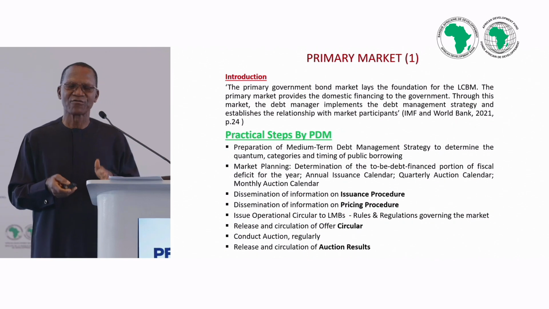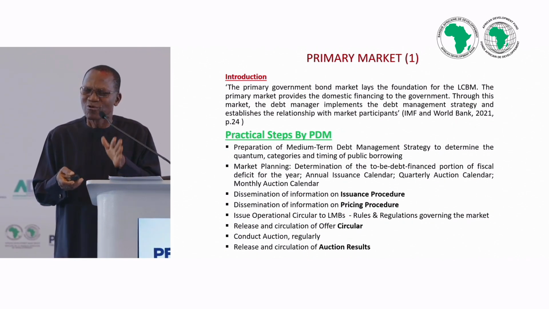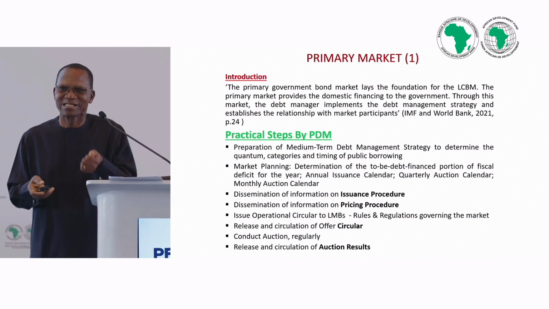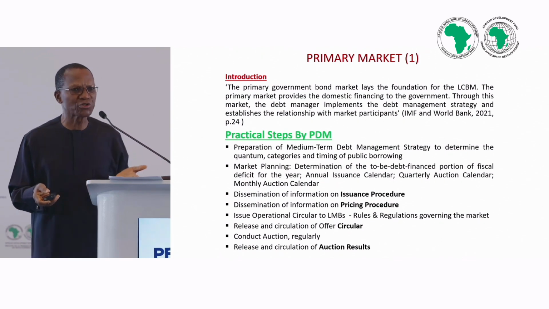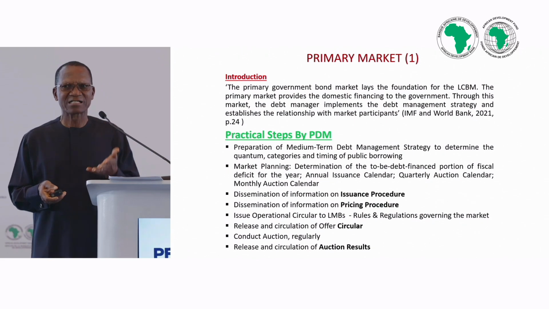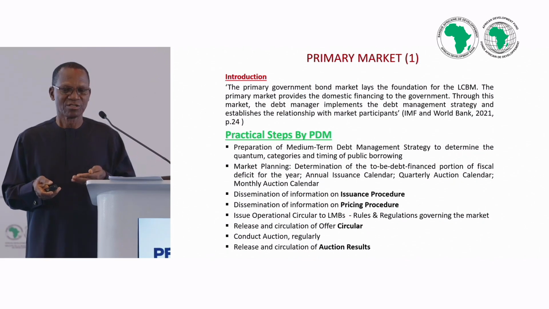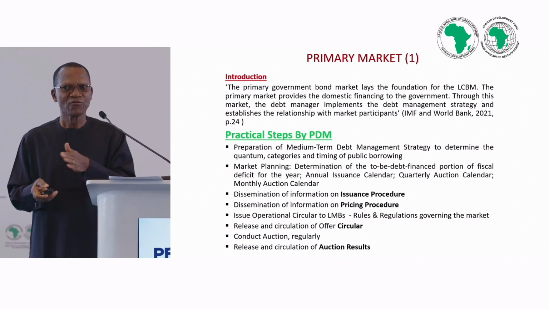But you also have a quarterly calendar, which will be more specific, particularly in terms of when it is to be done, what day, what week, and all that. And you also have to have a monthly calendar. For most countries that are active in the market, the auctions and borrowings are done every month. Issuance of government securities is done every month. That's the practice in Nigeria. So you have a calendar that shows what you do for all the year.